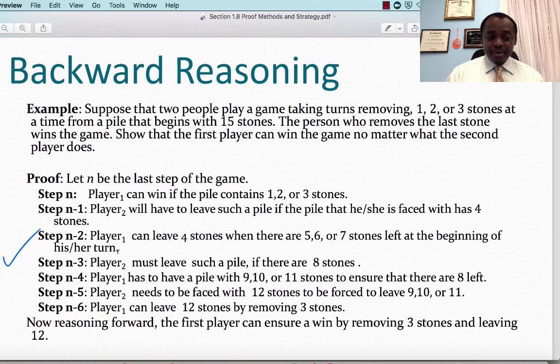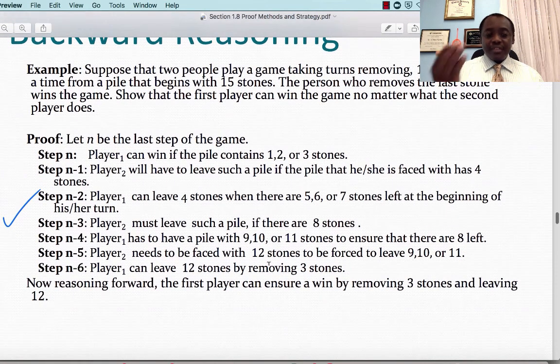But for that to happen, player 2 must leave such a pile if there are 8 stones. And then backward, player 1 has to have a pile with 9, 10, or 11 stones to ensure that there are 8 left. And for that to happen, player 2 needs to be faced with 12 stones to be forced to leave 9, 10, or 11. But for that to happen, player 1 can leave 12 stones by removing 3 stones.